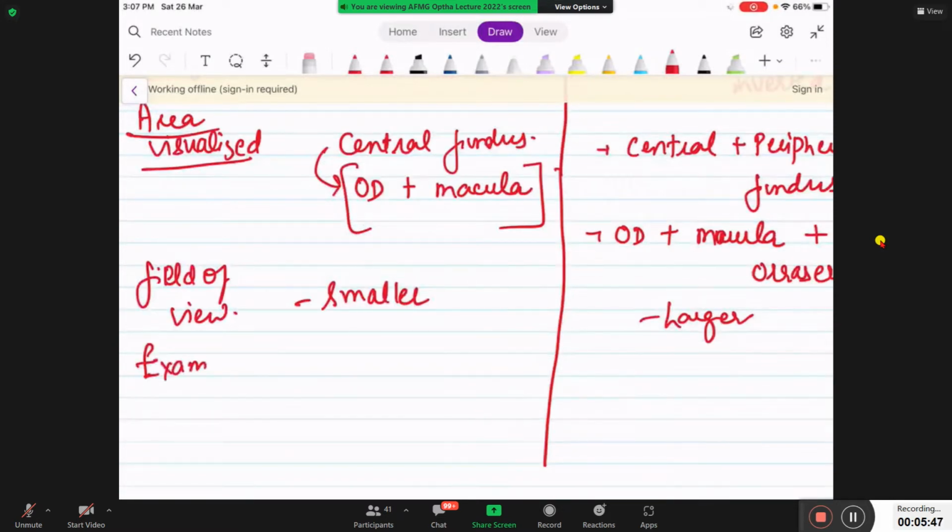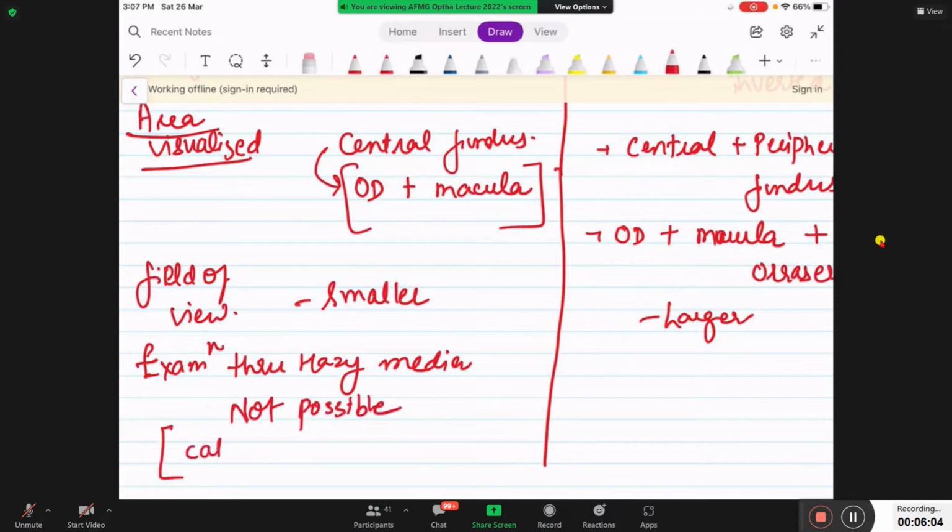Next, examination through hazy media. Examination through hazy media is not possible in direct ophthalmoscopy. What do you mean? When there is dense cataract, or there is any cornea opacity, we cannot visualize the retina with the help of direct ophthalmoscope.